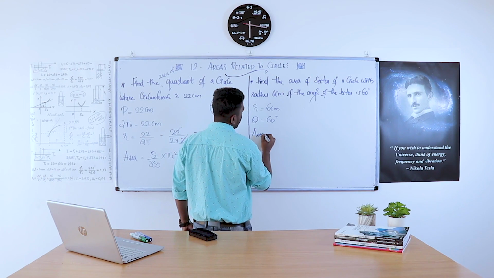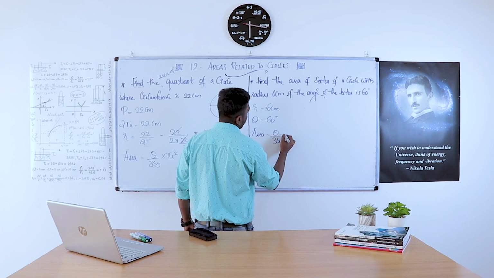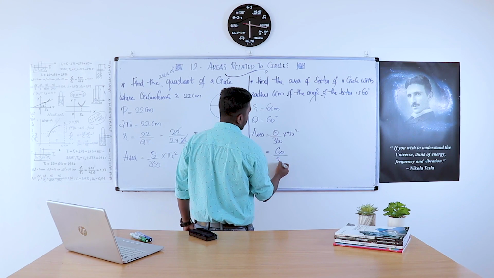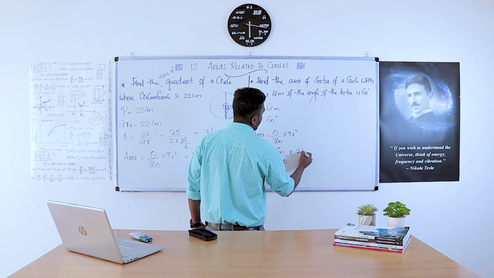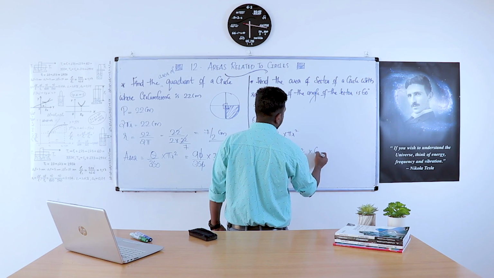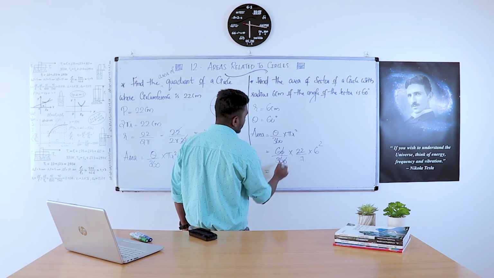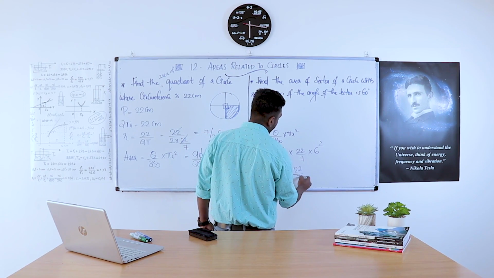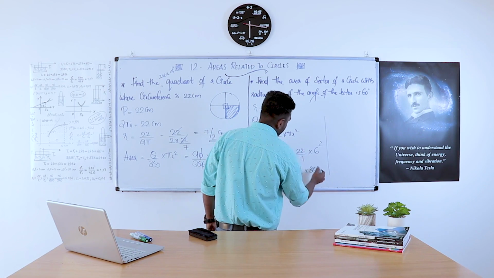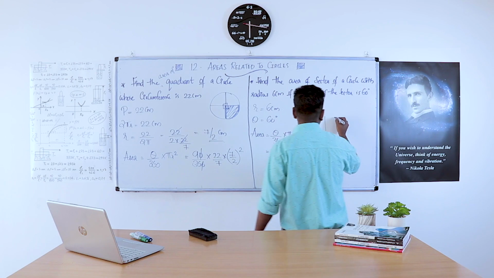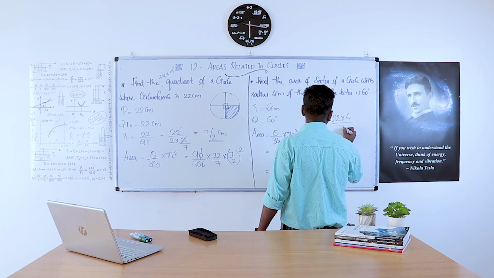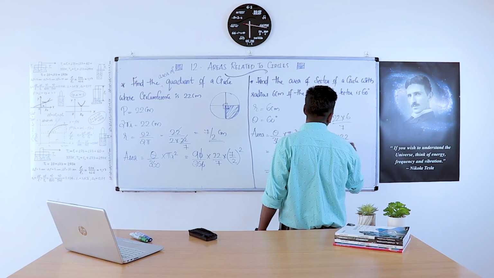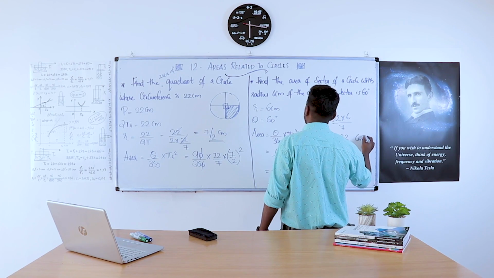Area is equal to theta by 360 into pi r square, that is 60 by 360 into 22 by 7 into 6 square. 6 by 36 can be written as 1 by 6, into 22 by 7 into 6 square, that is 36. 36 and 6 can be cancelled. So 22 into 6 by 7. 22 into 6 is 132, by 7 centimeter square.